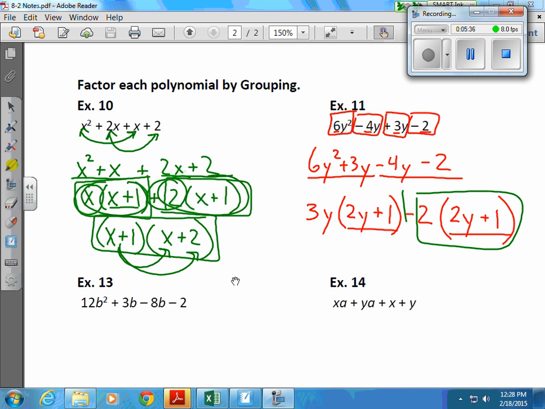So these two terms now both have a 2y plus 1 as a common factor. I'll pull 2y plus 1 out, then this is left with a 3y and a minus 2.